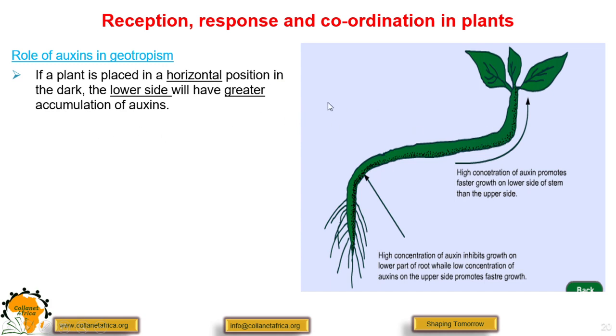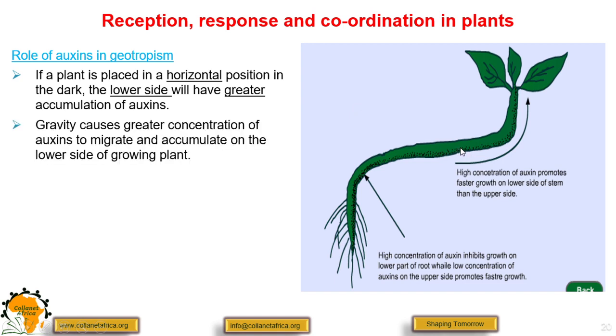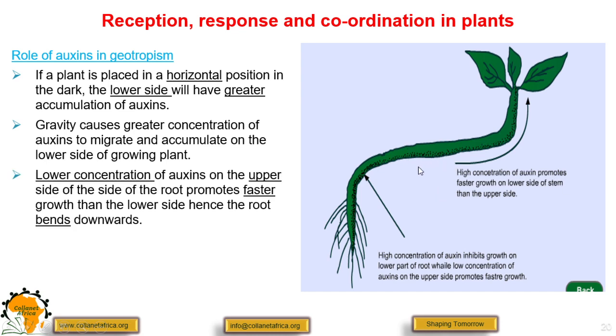So you place a plant horizontal like this across, so the lower side will have greater concentration of auxins, because gravity, or force that moves downwards, causes greater concentration of auxins to migrate and accumulate on this part, on the lower side.